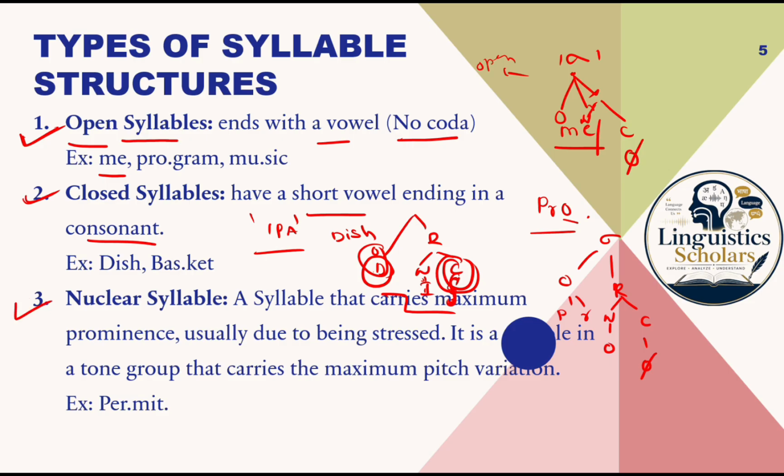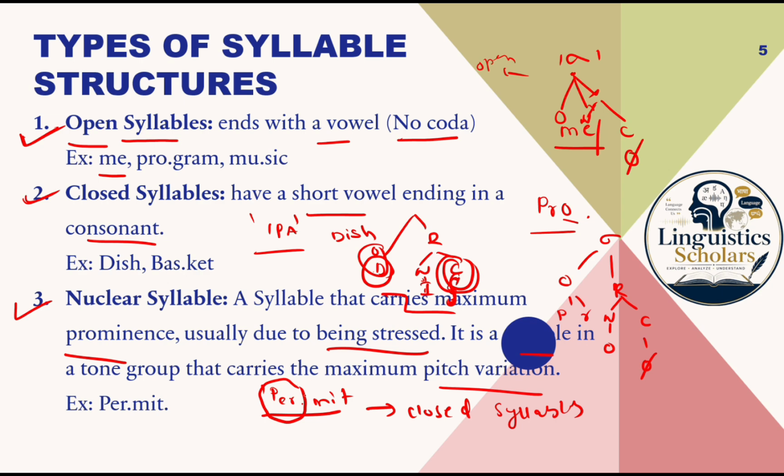Clear? And next we have the nuclear syllable, a syllable that carries maximum prominence, usually due to being stressed. It is simply in a tone group the syllable that carries maximum speech variation. Here you can take the word permit. As you can see, these both are closed syllables. Clear? But out of these syllables, the primary stress is taken by the syllable per.